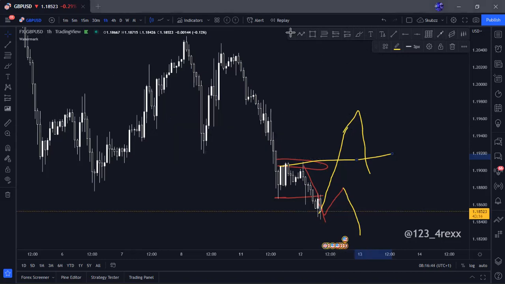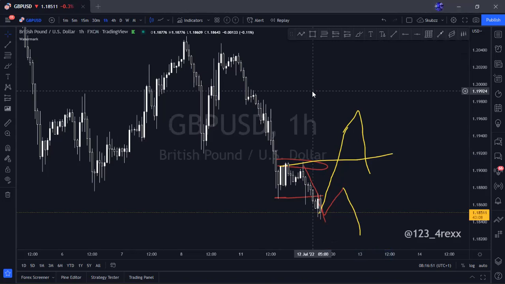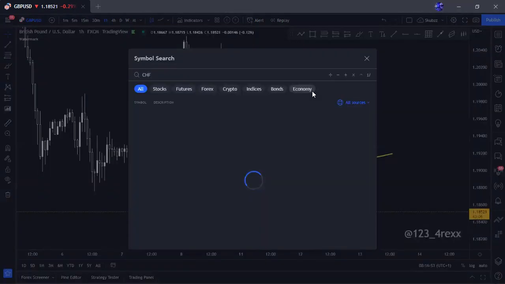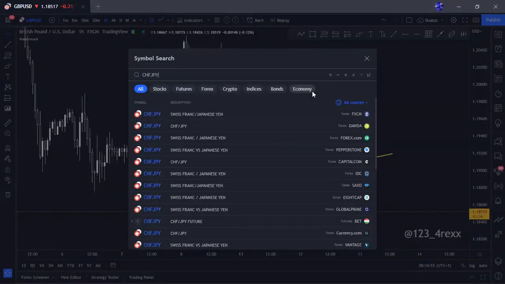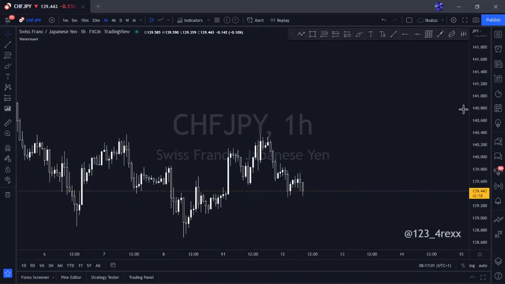Let's see. CHF and CAD CHF. It's a bit tricky.